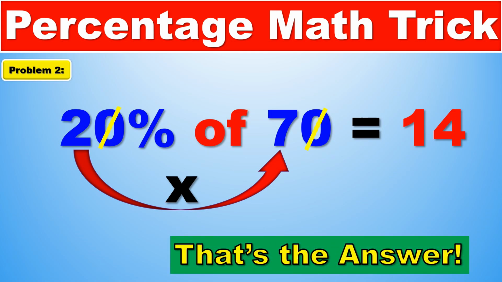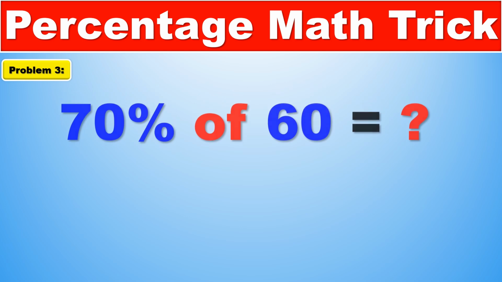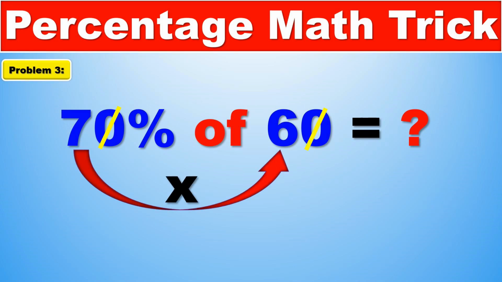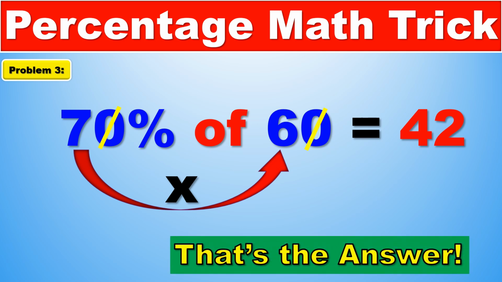Let's take a look at another example. 70% of 60. Now, 70% of 60, just cancel out the zeros and multiply what is left. 7 times 6. And 7 times 6 is 42. So the answer is 42.